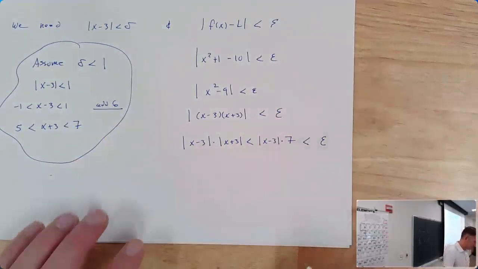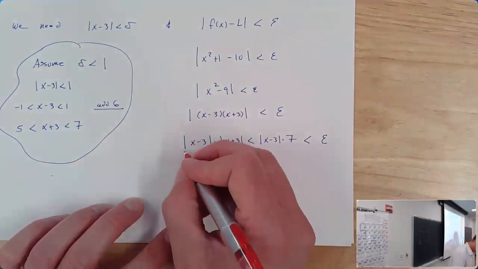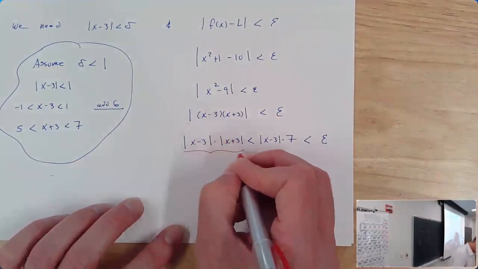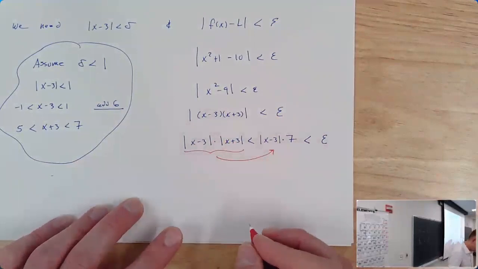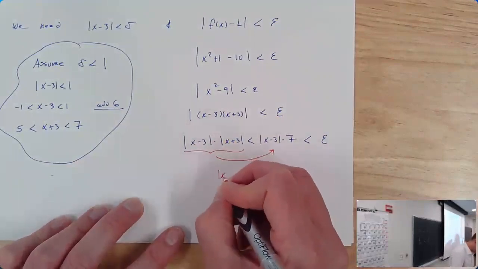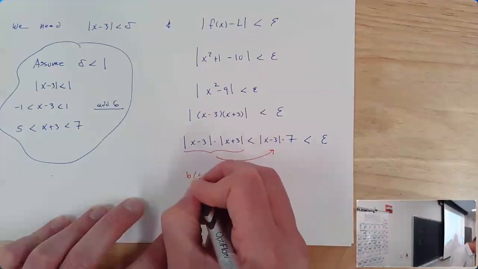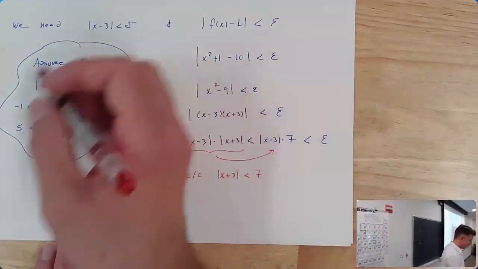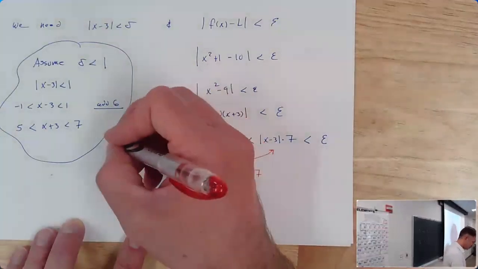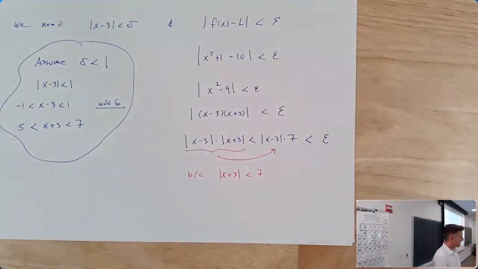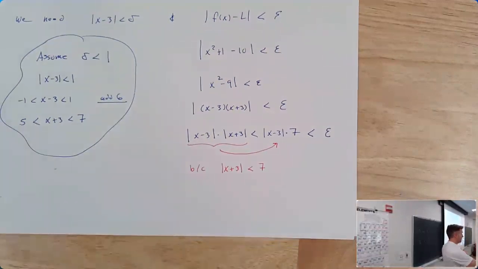But basically, from this step to this step, I'm using the fact that the absolute value of x plus 3 is less than 7, from all this over here. Sometimes it is.